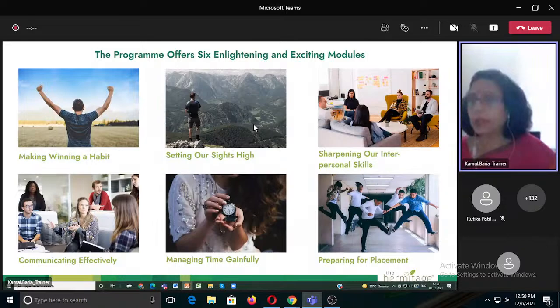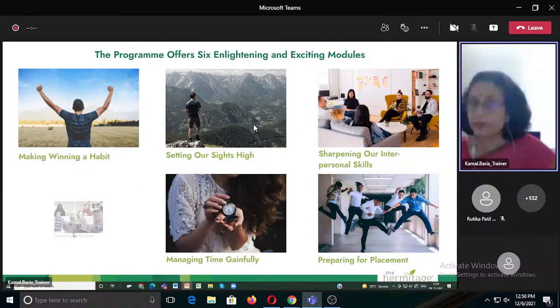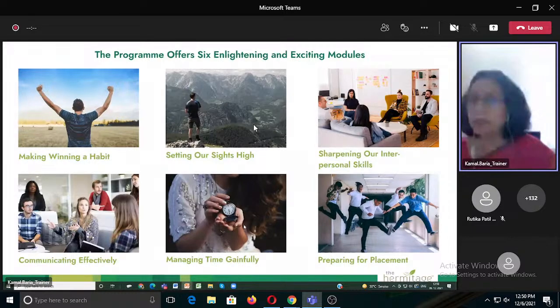And when industry comes knocking at the college's door, they also look out in the candidates for 3 important skills: sharp interpersonal skills, effective communication skills, and the ability to manage time gainfully. Now, we all communicate all the time, and we think we're very good at writing, at speaking, at face-to-face modes. But is it effective? And what really is effective?